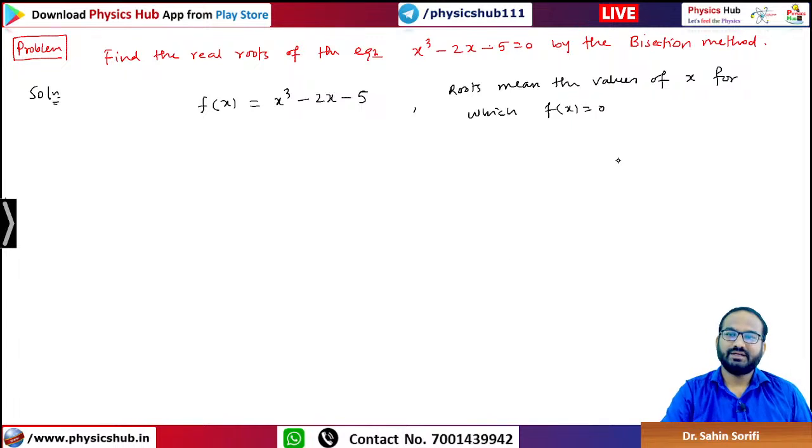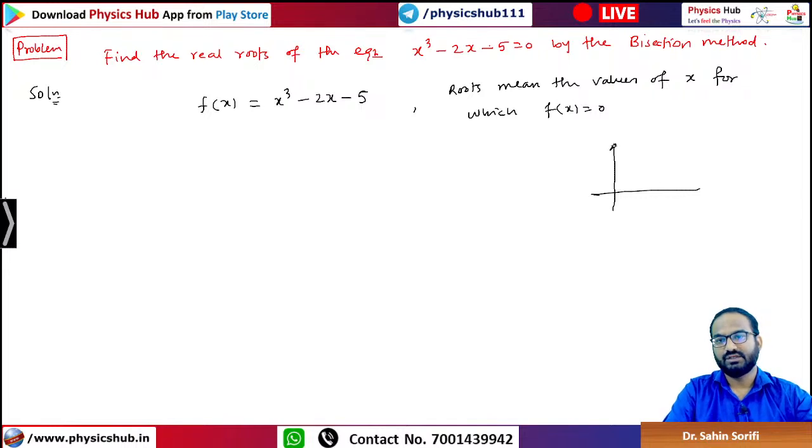So we need to find the initial interval. We are not provided a naught and b naught. We need to find them. To find the initial interval, we need to check the values of f of x at different points, and find two points, one of which should be positive and the other negative.